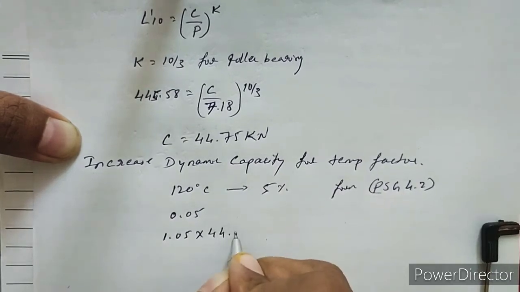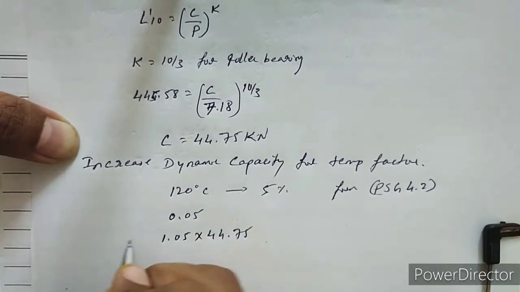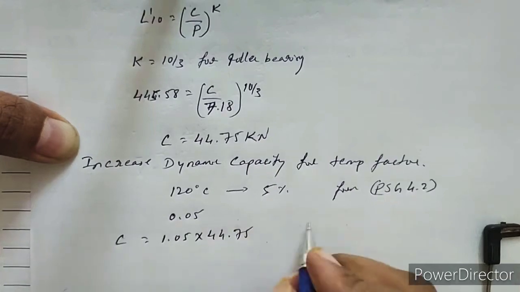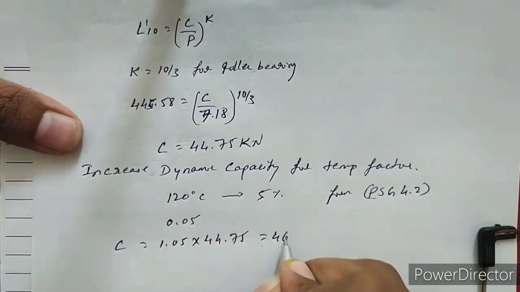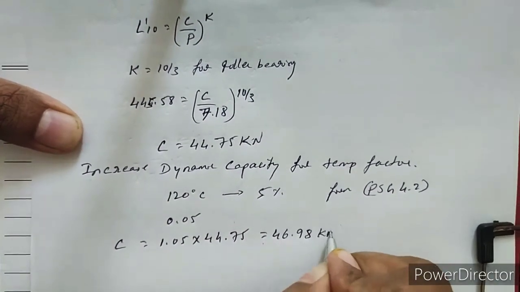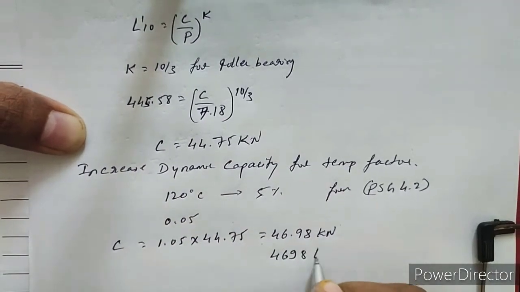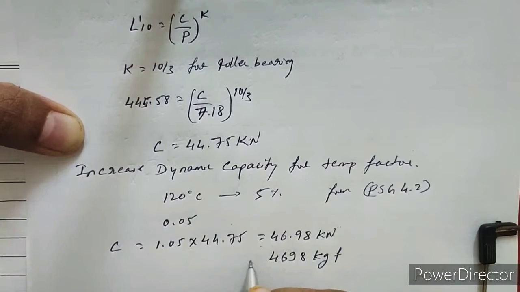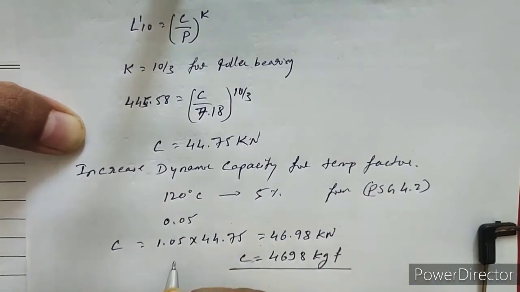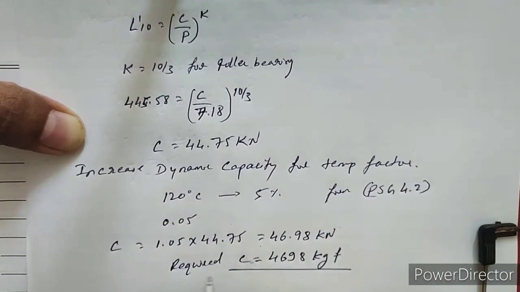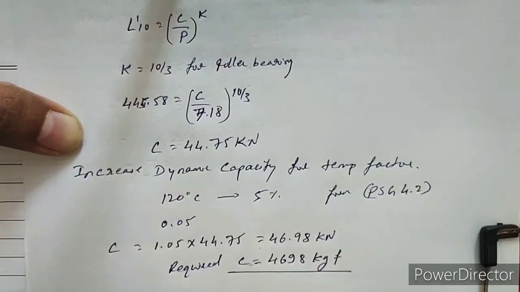This is our actual required capacity, 46.98 kilonewton. Now we will convert 46.98 kilonewton into kgf, that is 4698 kgf, which is required. So we will go through the data handbook and see what is given.